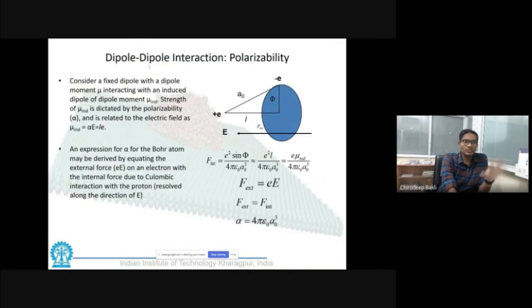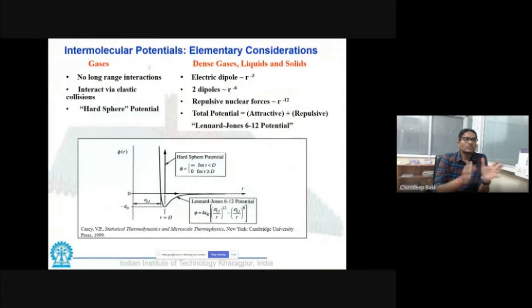As a result, these are the interaction parameters which you can see. As a result, John Lennard-Jones, who is not two guys but one single person, came up with a potential called the 6-12 potential, which looks like this.